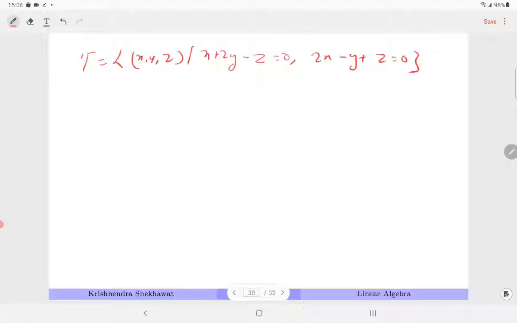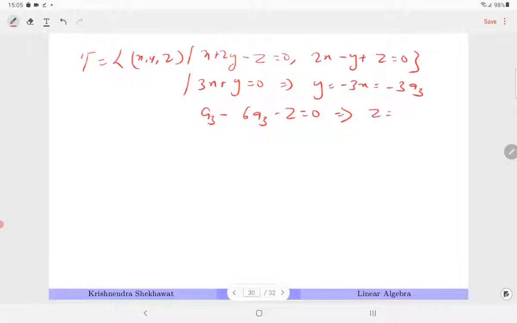If you add these two equations, then further simplification gives you 3x plus y is equal to 0, or you can write y is equal to minus 3x, or minus 3a3, assuming x is equal to a3. Substituting the value of x and y in the first equation, you will get a3 minus 6a3 minus z is equal to 0, that gives you z is equal to minus 5a3.